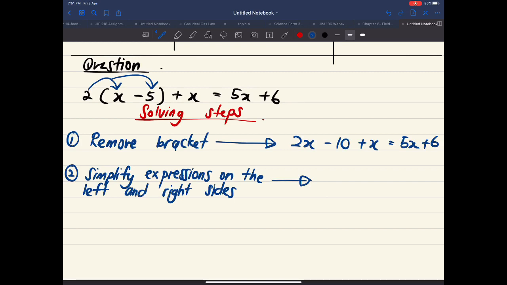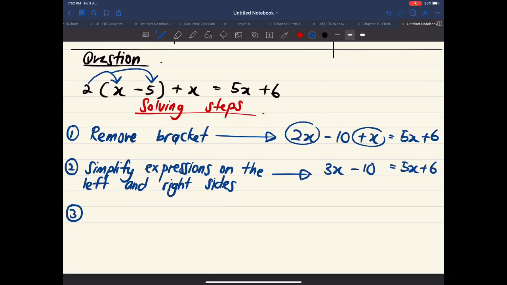Okay, you simplify both sides. So how? This 2x plus x becomes 3x minus 10, you copy back minus 10, and here you just have to copy back, nothing to be simplified. So 5x plus 6.